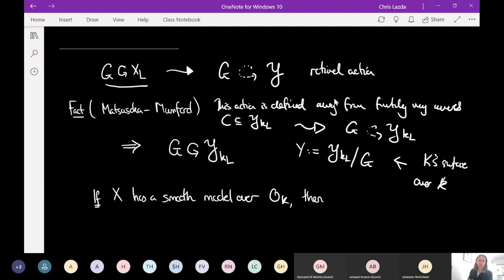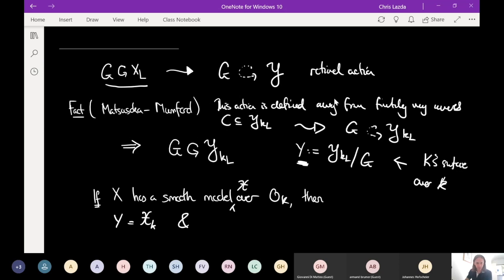And if I really did have good reduction over K itself, if I had a smooth model over O_K, then this K3 surface here, this Roman Y, is just going to be the special fiber of my smooth model.